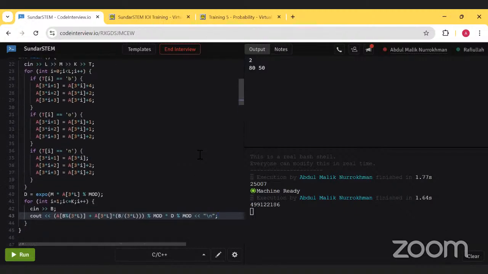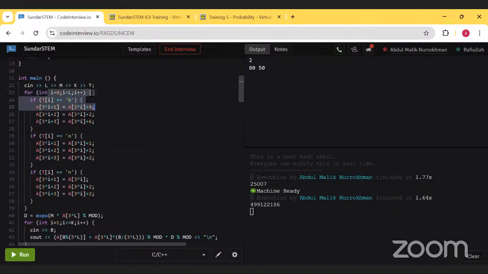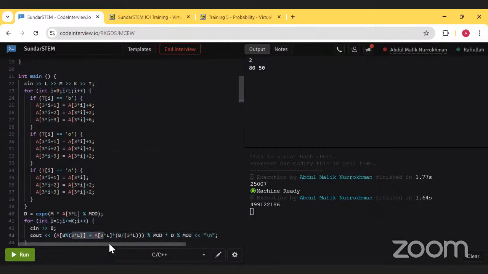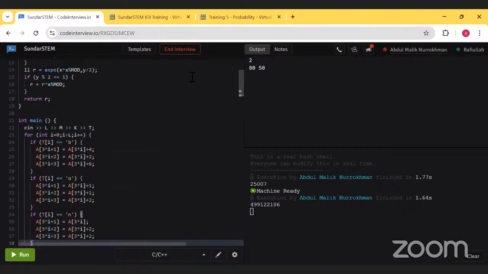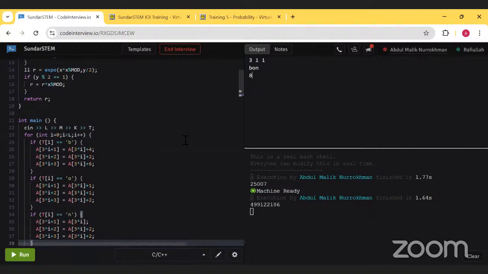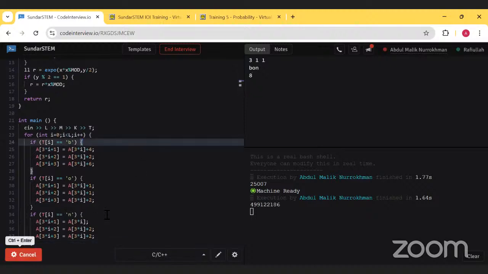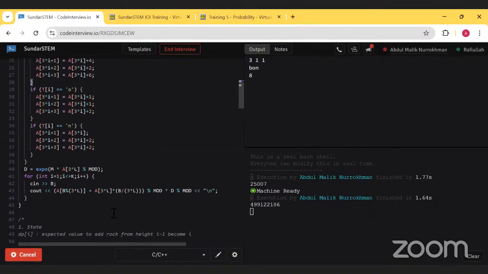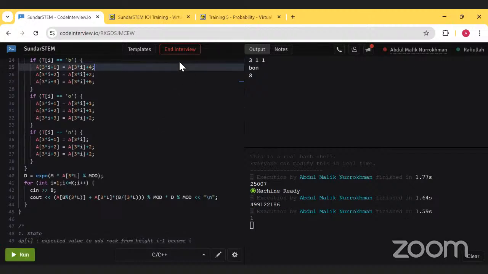Okay, so the complexity is just O(L plus K) times logarithmic mod. So if we try to input the sample, probability is just 1.